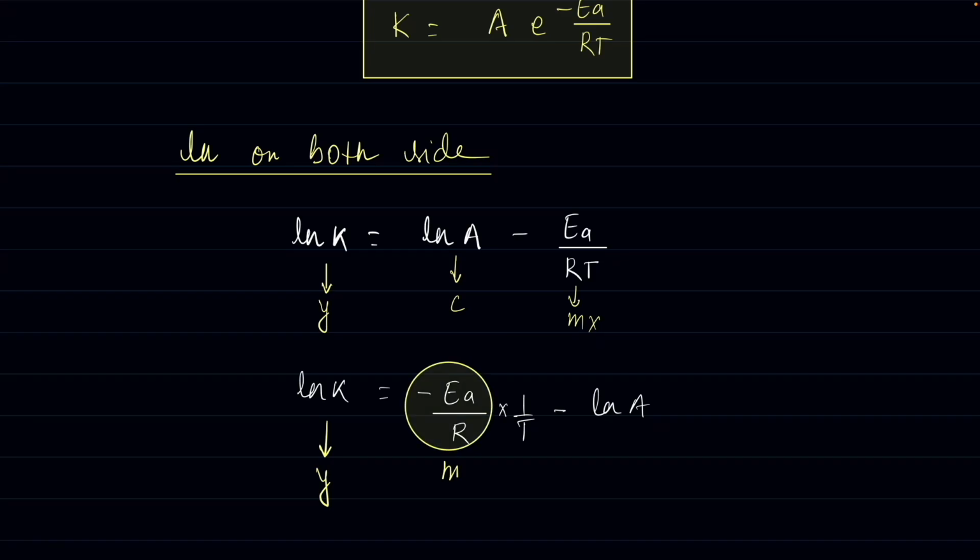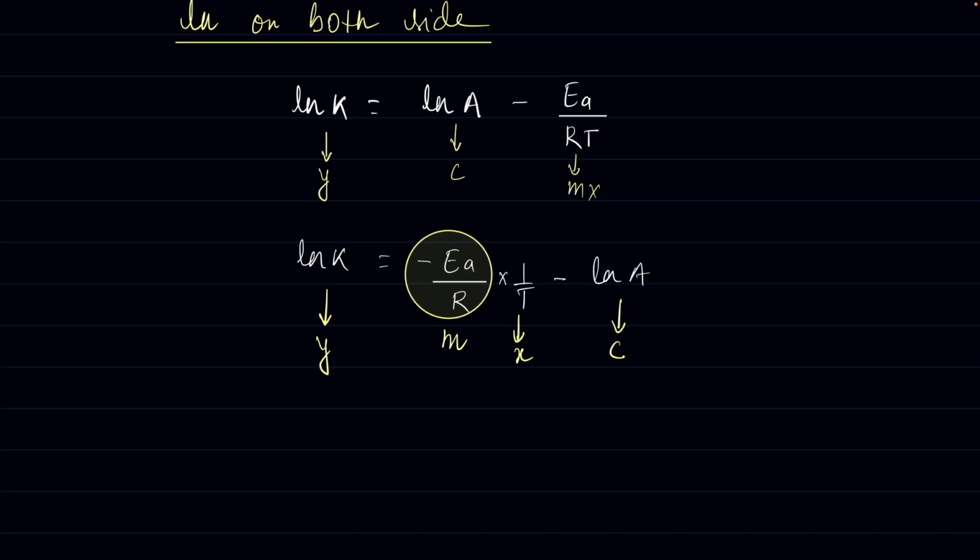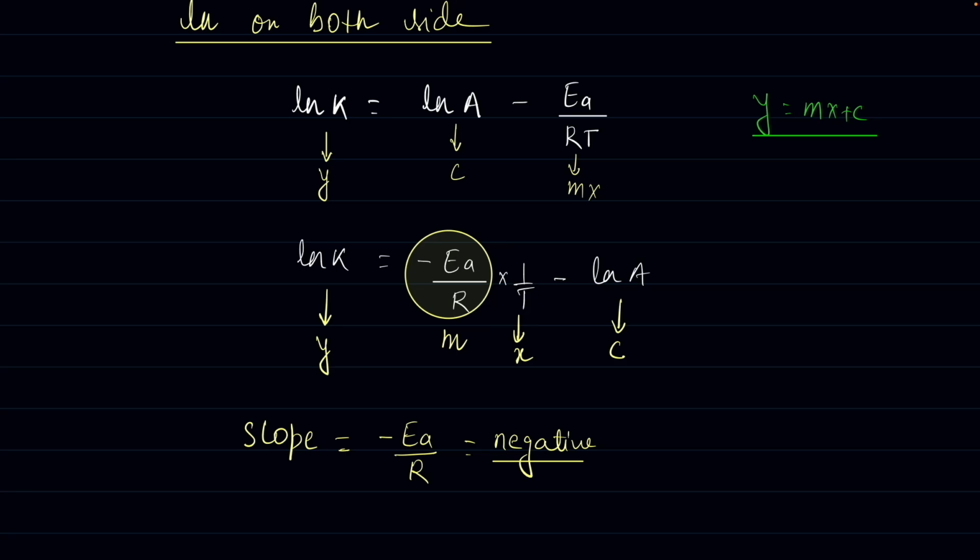This is m, which means the slope, and here it is the x, and this is the constant. So based on this, we can say that slope is equal to minus Ea by R, and this slope is negative. And now second thing, we know that y is equal to mx plus c.